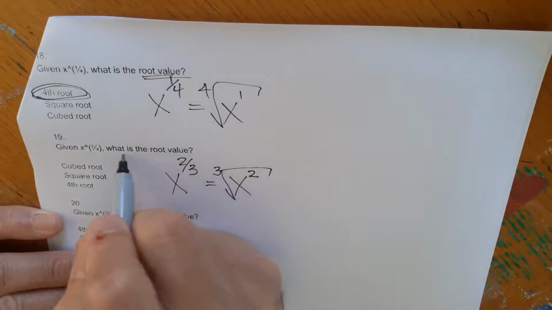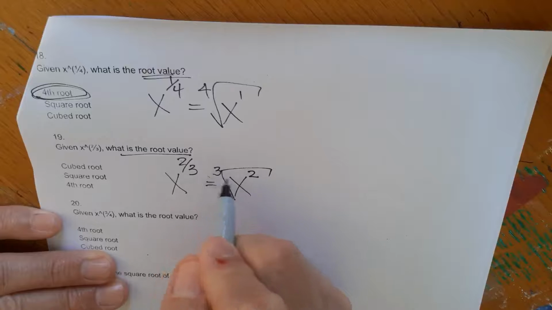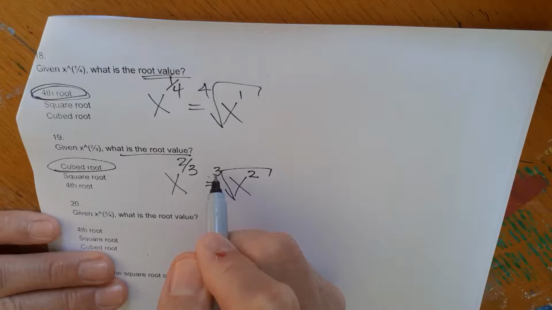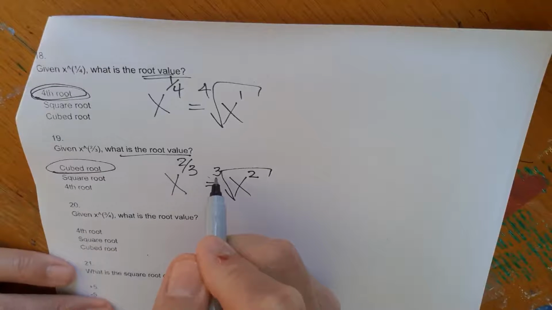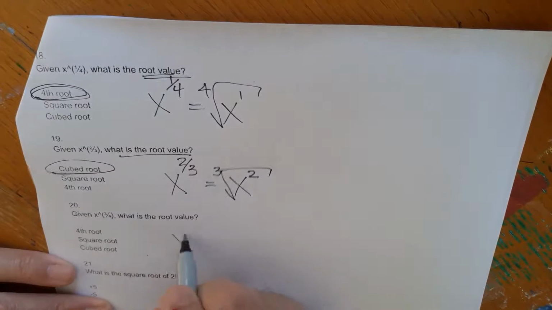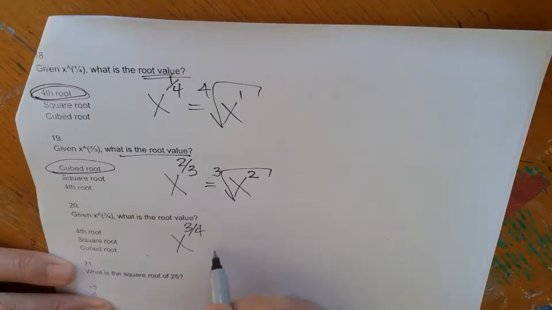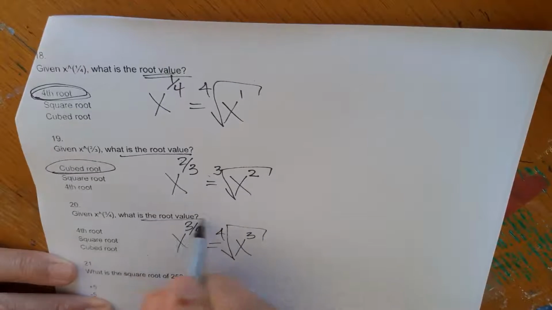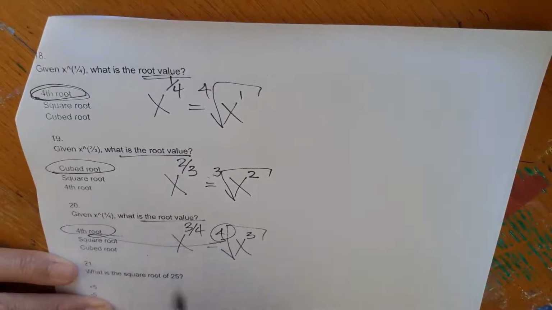What is the root value? 3. Cubed root. Cubed root is another name for a 3rd root. Given x to the 3/4 power, the power is 3. The root is 4. What's the root value? It's got to be 4th root.